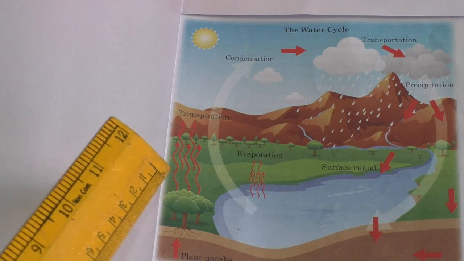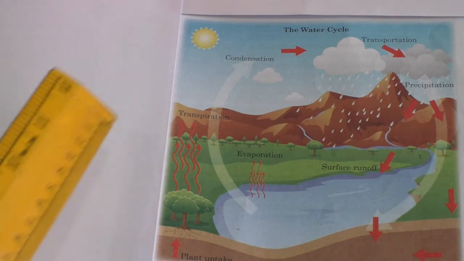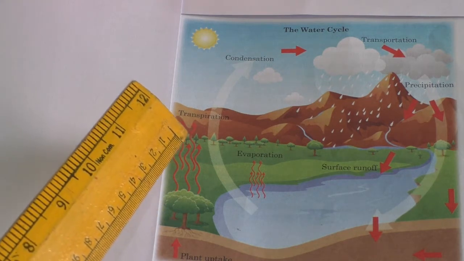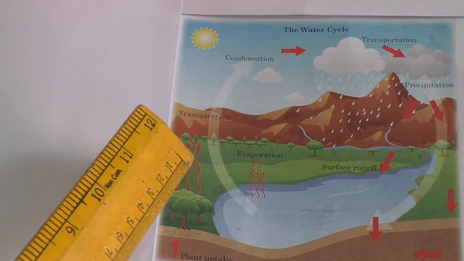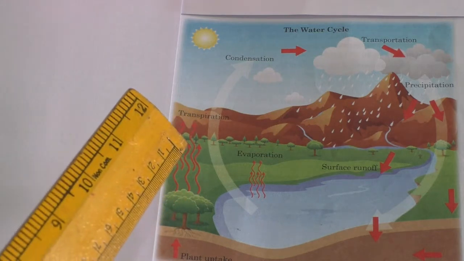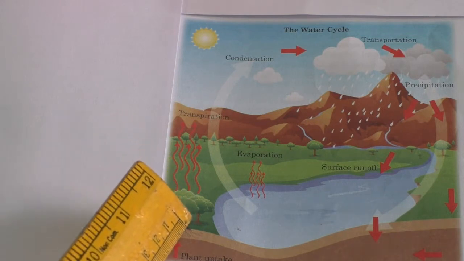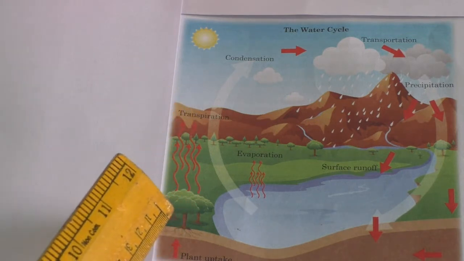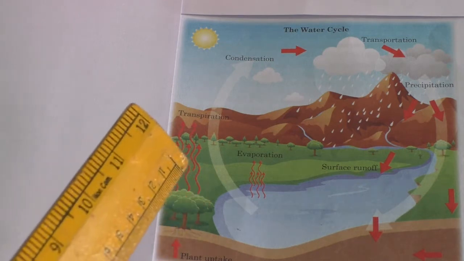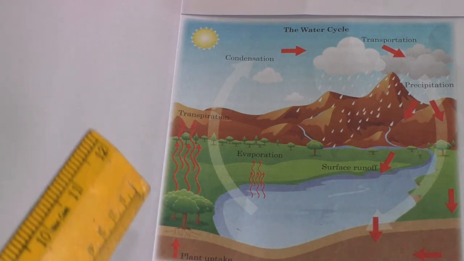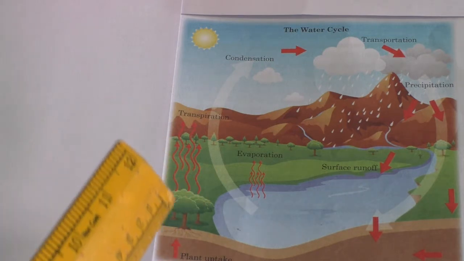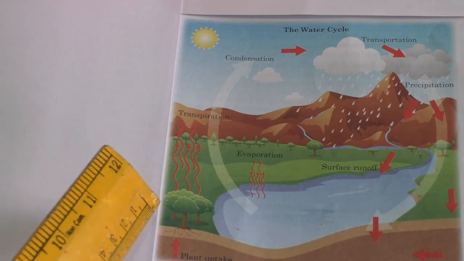Here they have mentioned transpiration. So what is transpiration? Transpiration is a process of water movement through a plant, and its evaporation from aerial parts like leaves, stems and flowers.